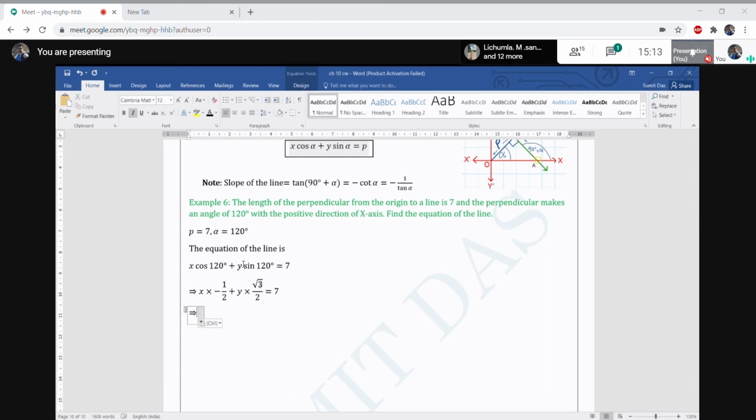If you simplify this, it will be minus x plus square root of 3y equal to 14. If you simplify more, it will be x minus square root of 3y plus 14 equal to 0.